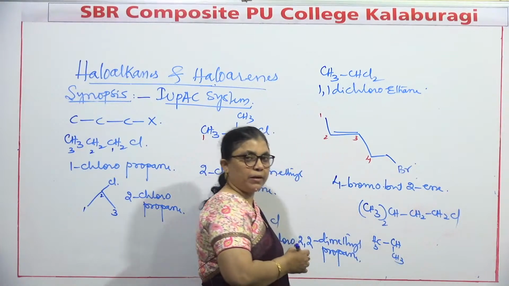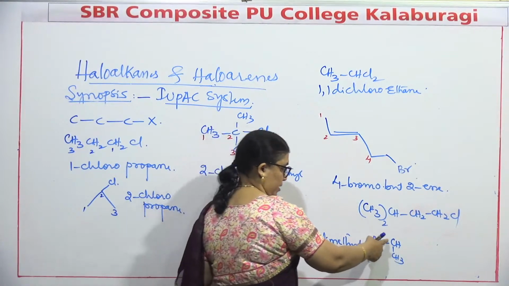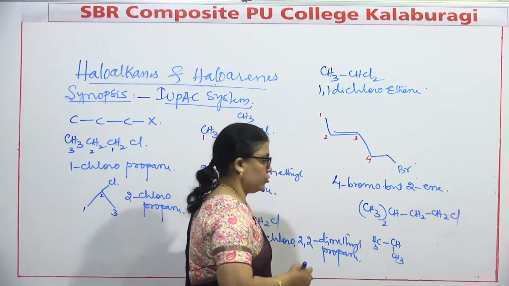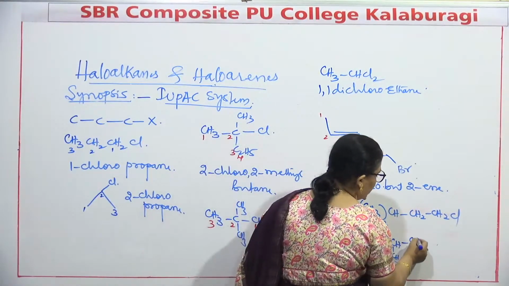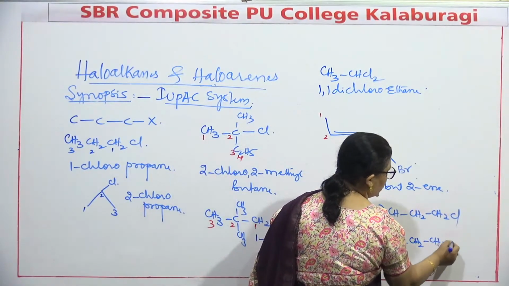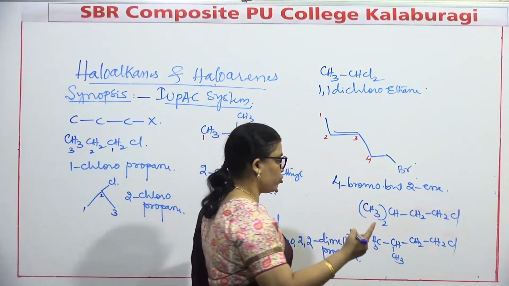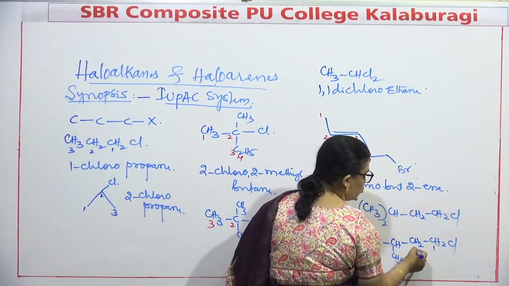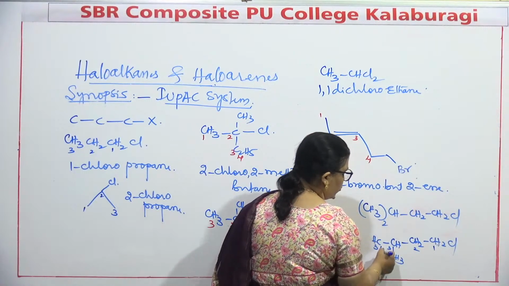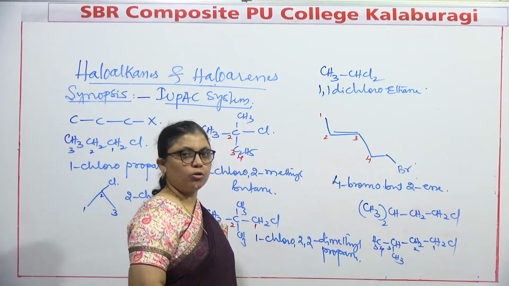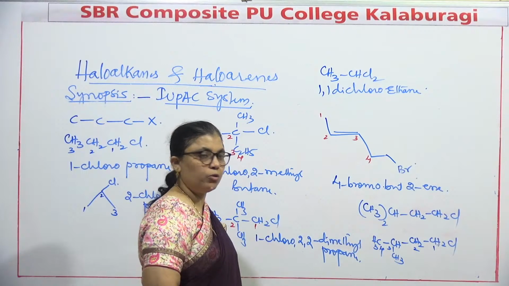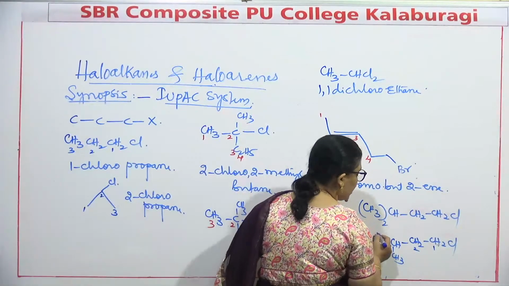Correct? The carbon atom contains a methyl. With this we can write it as CH2, CH2, Cl. The carbon containing halide is lowest to locate: 1, 2, 3, 4. Okay? 1-chloro 3-methyl butane.